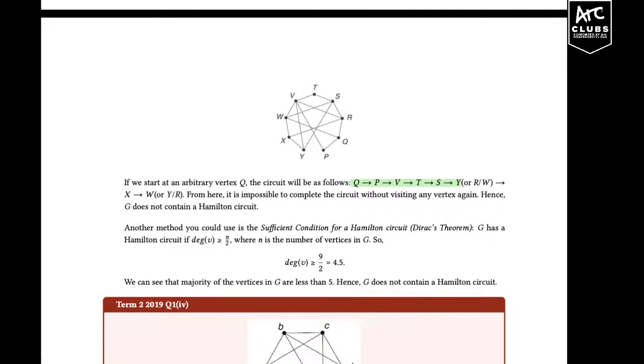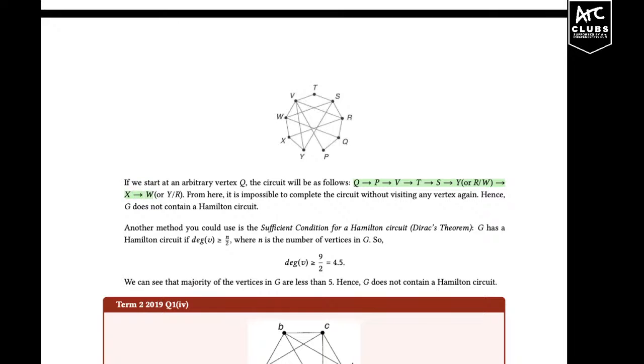I'm just going to go with Y first, and you can see that once I get to vertex Y, the only option I have from there is to go to vertex X. The reason for that is because I can't go to vertex V because I've already visited it, and I just came from vertex S. So I only have vertex X as my other option. From there you have options again.